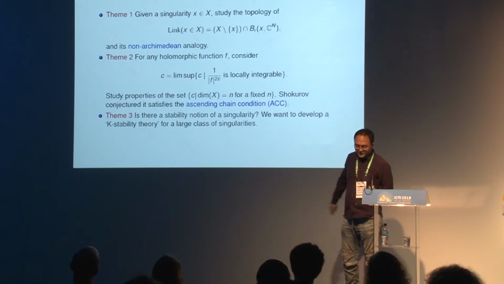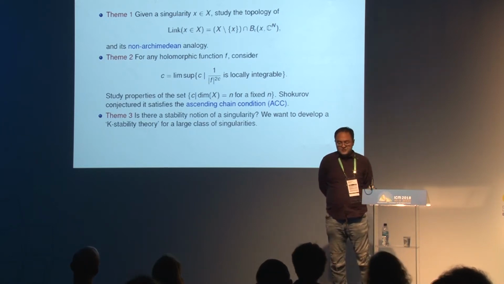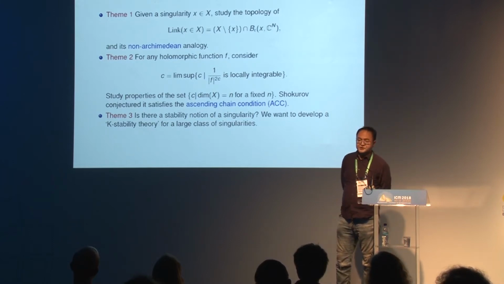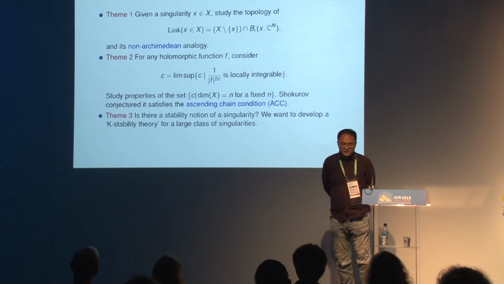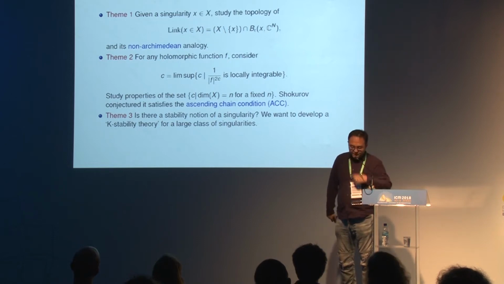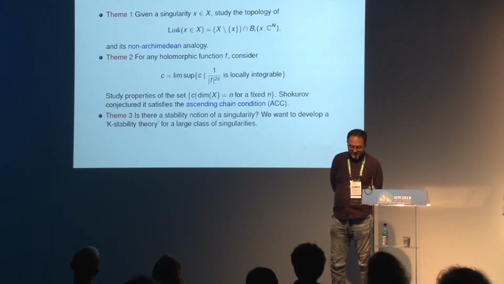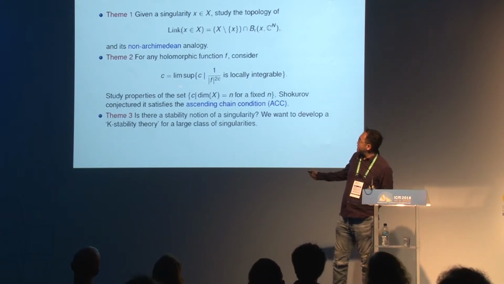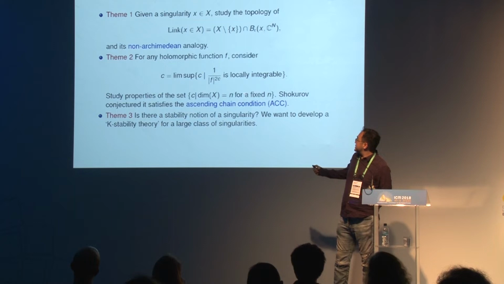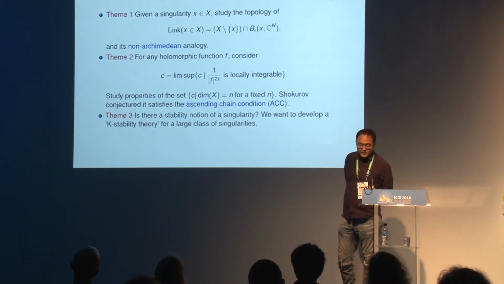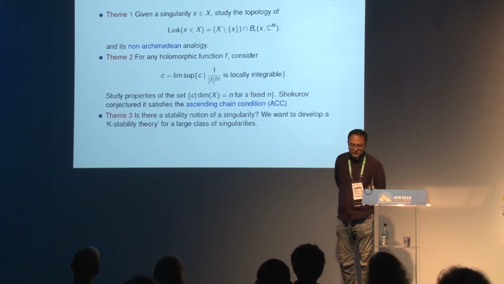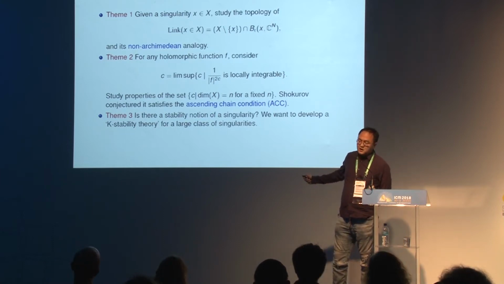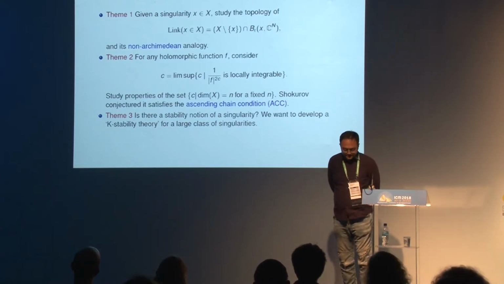I think this kind of invariant first appeared in the study of oscillating integrals, but in the real case, and people soon realized the holomorphic version is very interesting. We basically want to study the properties of the set of all such c when we fix the dimension n. In particular, we want to talk about Shokurov's conjecture, the ascending chain condition conjecture, which I will talk about later.